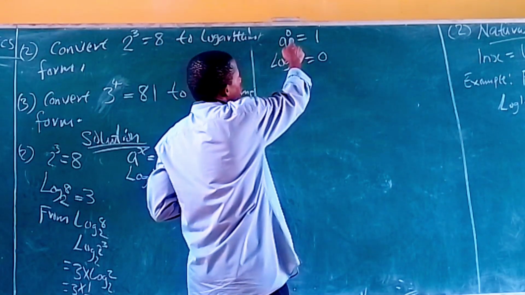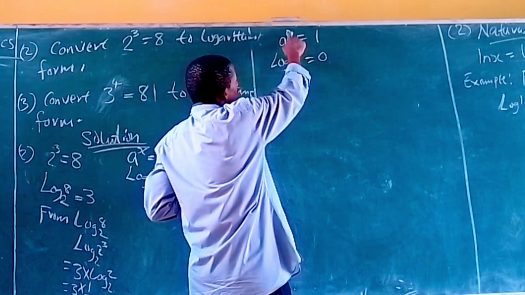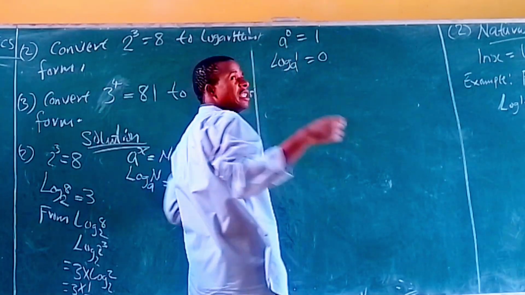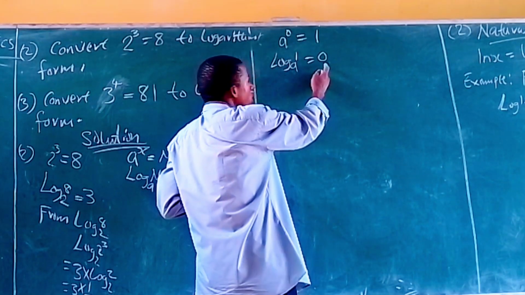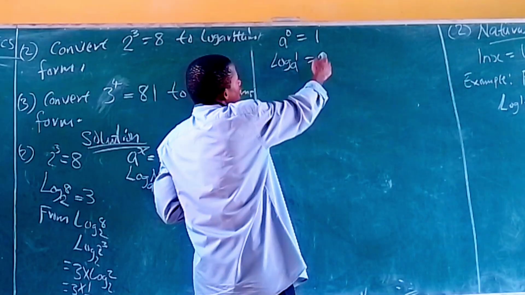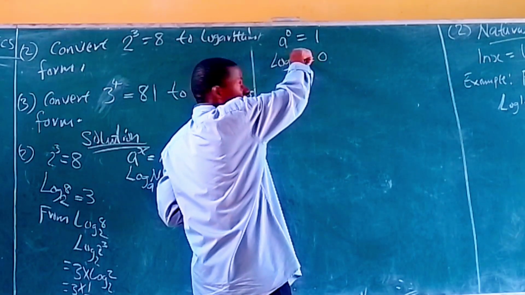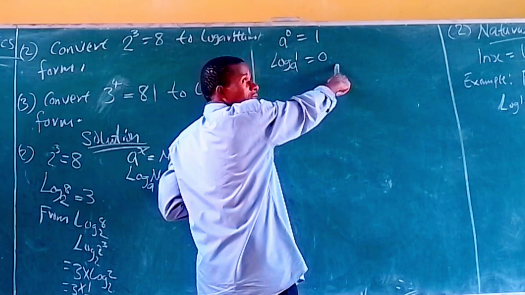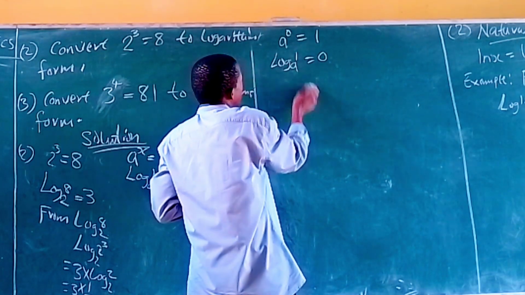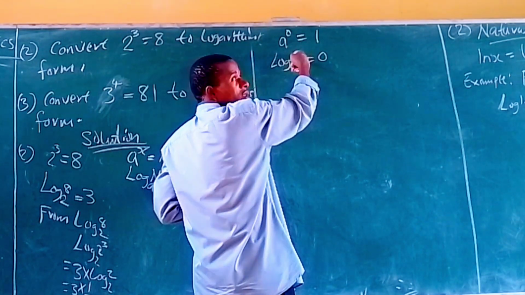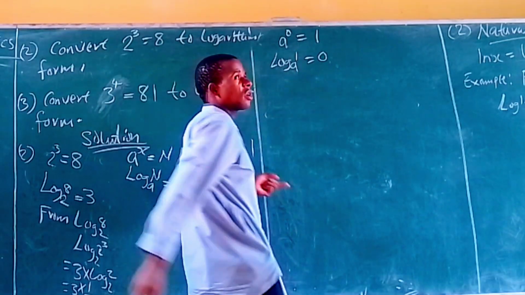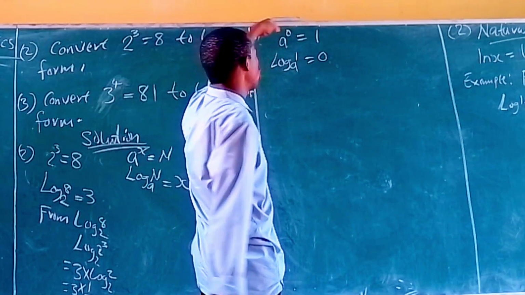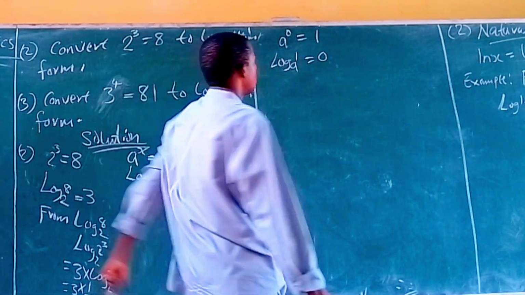Because by indices, anything raised to the power 0 is 1. But in log, we are doing the reverse, whereby we are considering the base, the number that will be on top of the base, whereby the power becomes our answer. Any question? So if you see something like this, log 1 in any base is 0 in log, whereas in indices, anything raised to the power of 0 is 1.